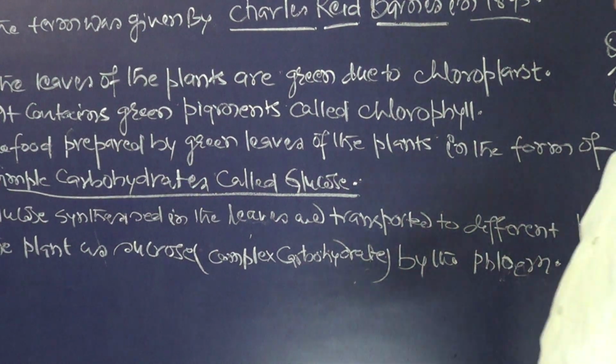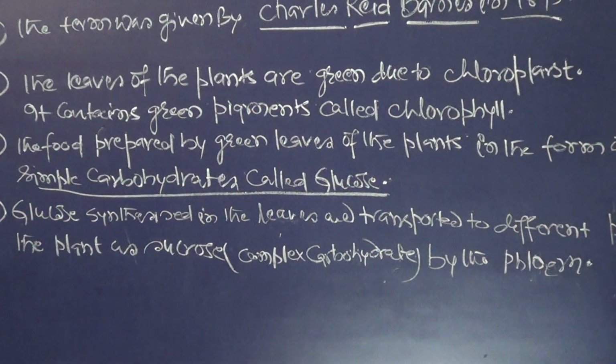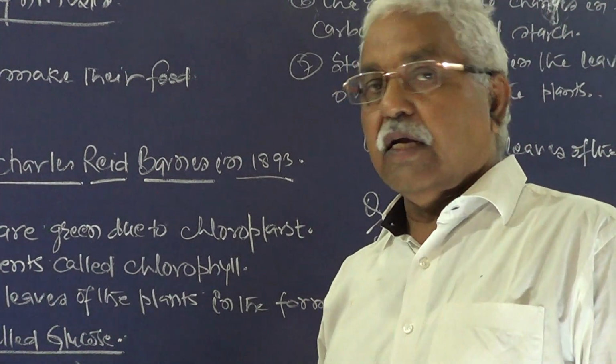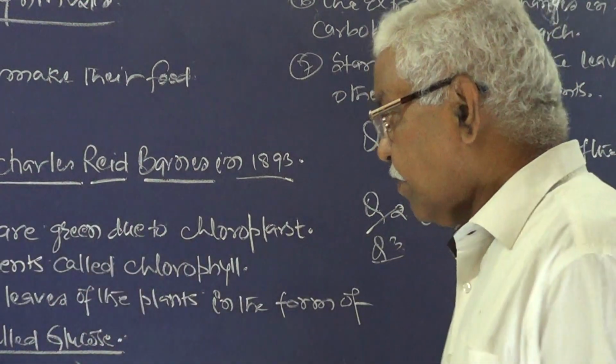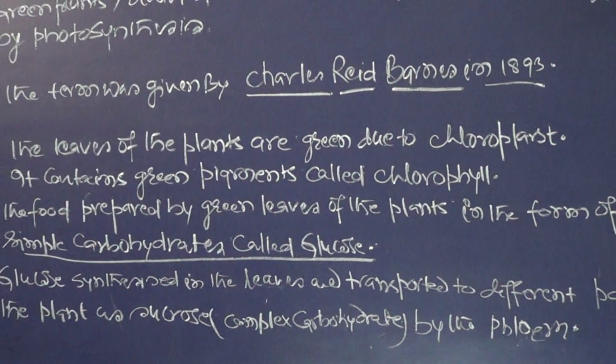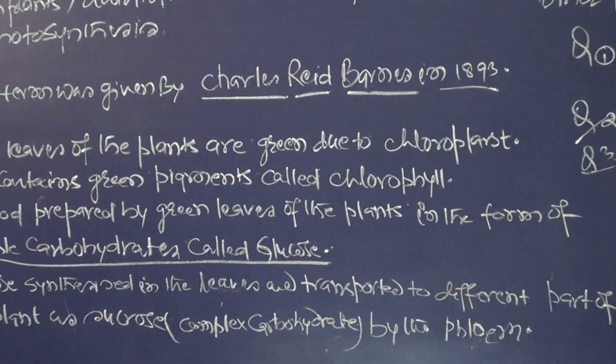This glucose is synthesized in the leaves and it is transported to the different parts of the plant in the form of sucrose.